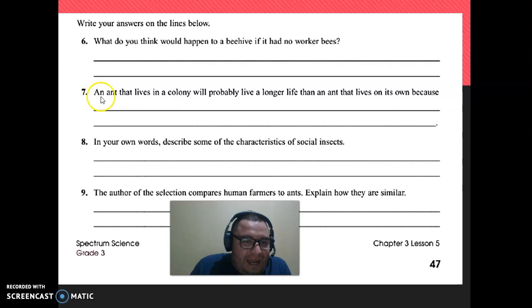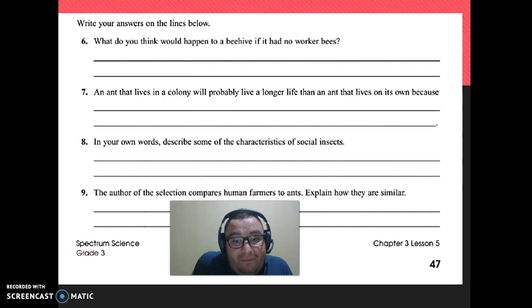Number 7. An ant that lives in a colony will probably live a longer life than an ant that lives on its own, because, super easy. If we have an ant that is alone, is it going to survive? Probably yes, but it's not going to have much probability to survive.